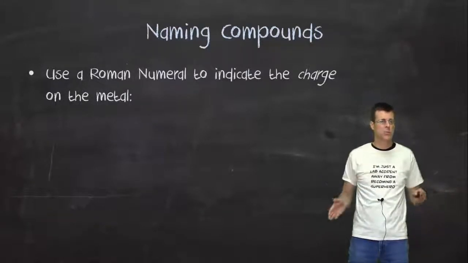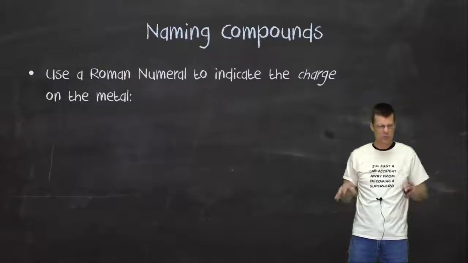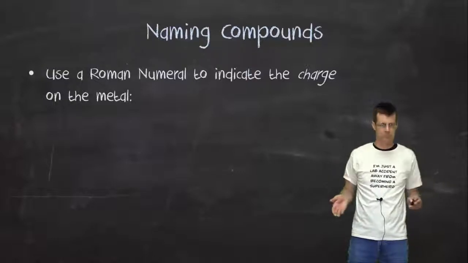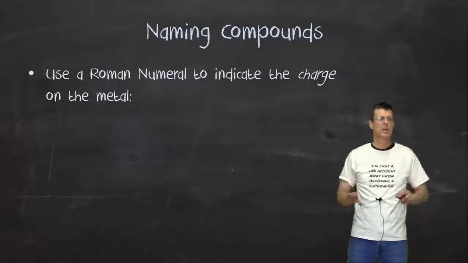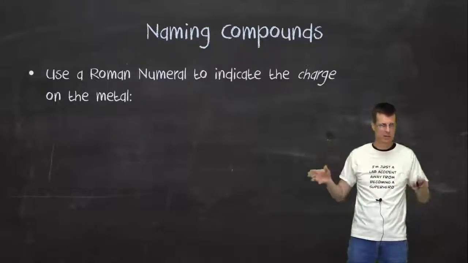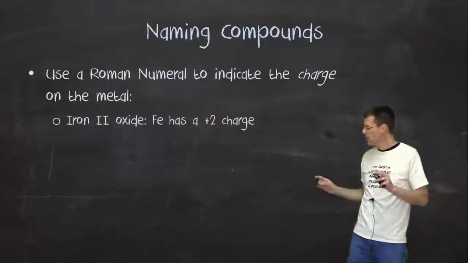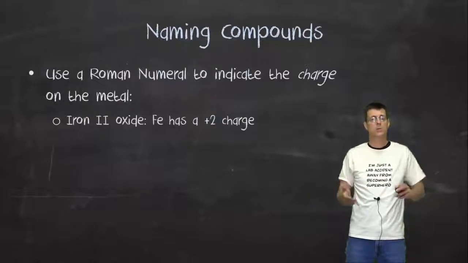If you're not sure what the Roman numerals are, we'll list them off for you at some point. We only need the first 7, so maybe 4 and 6 you'll get mixed up once in a while, but we're not getting into 57 and things like that. One possible compound between iron and oxygen is iron 2 oxide.